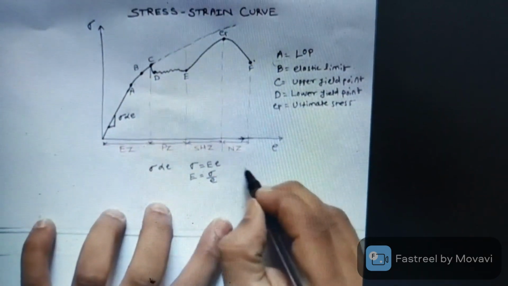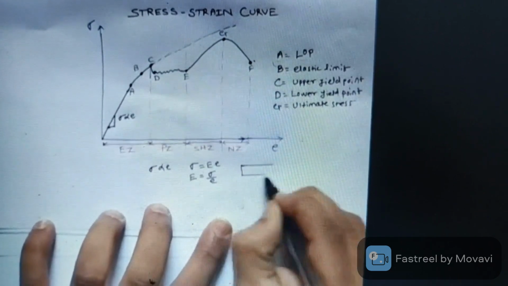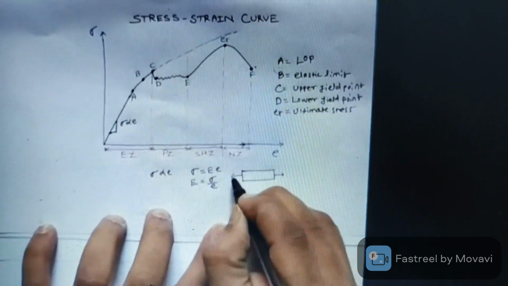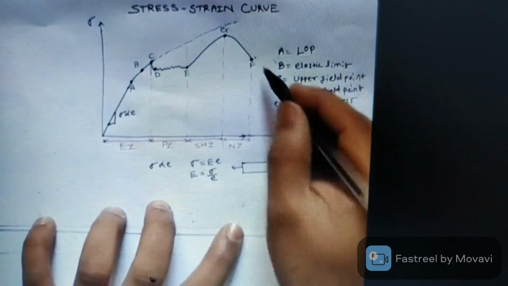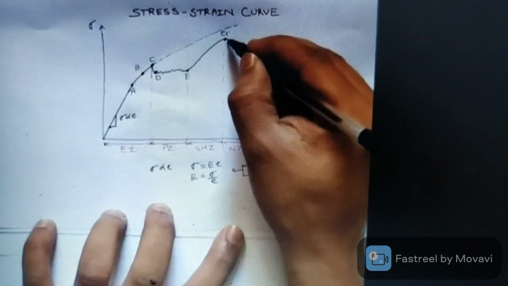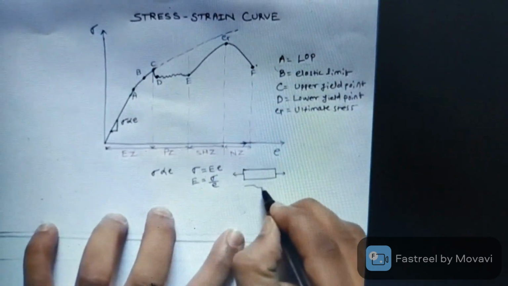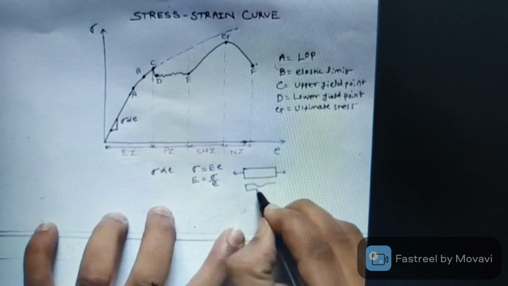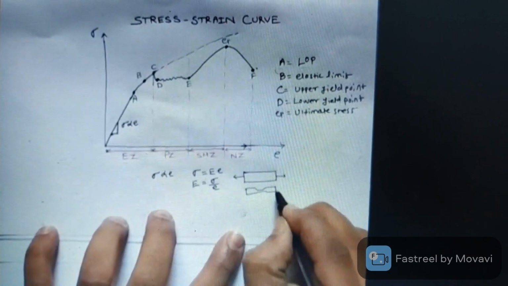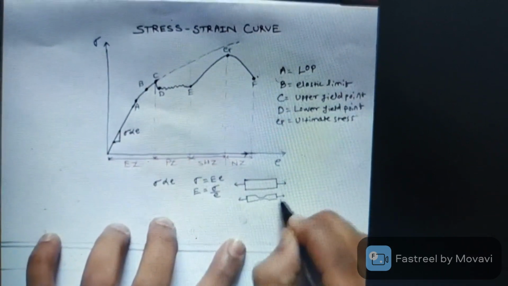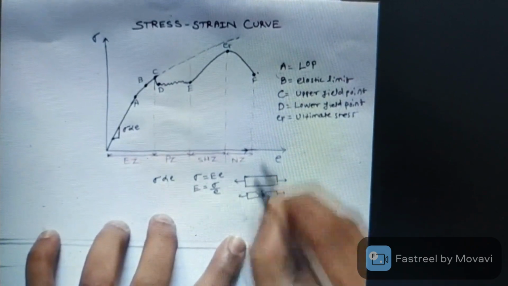If initially our bar is like this, after point G there is a neck formation in the material, the cross section area starts reducing, and the material gets fractured at this point.